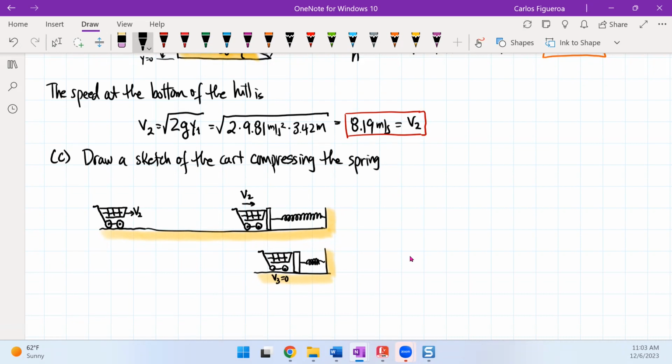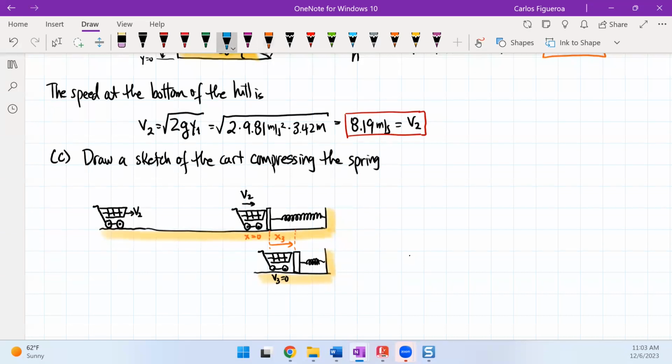It gets maximum compression. So when I'm looking at this thing, you could see that the spring has been compressed from its equilibrium point. And then this distance right here is x3.